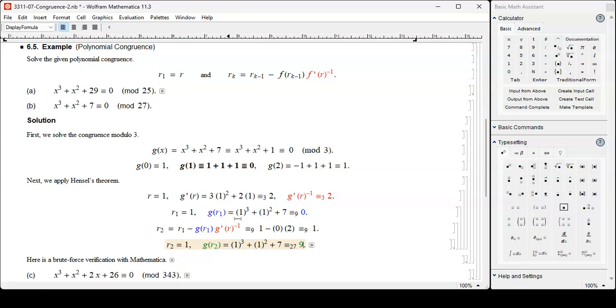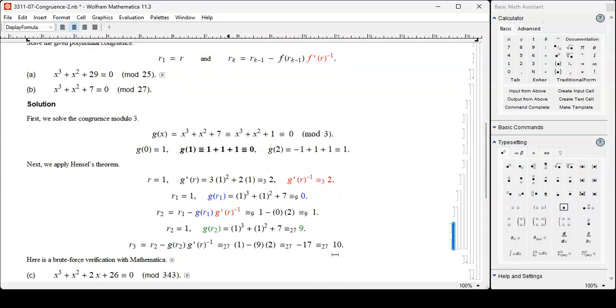You see, modulo 9, 1 plus 1 plus 7 is 0, but mod 27 is not 0, it's 9. So we have 9 right here, and then red is 2.